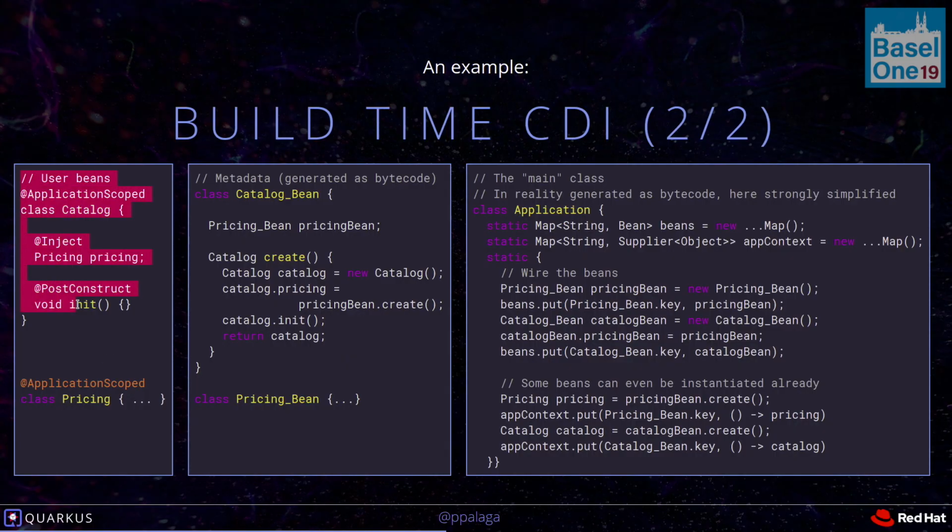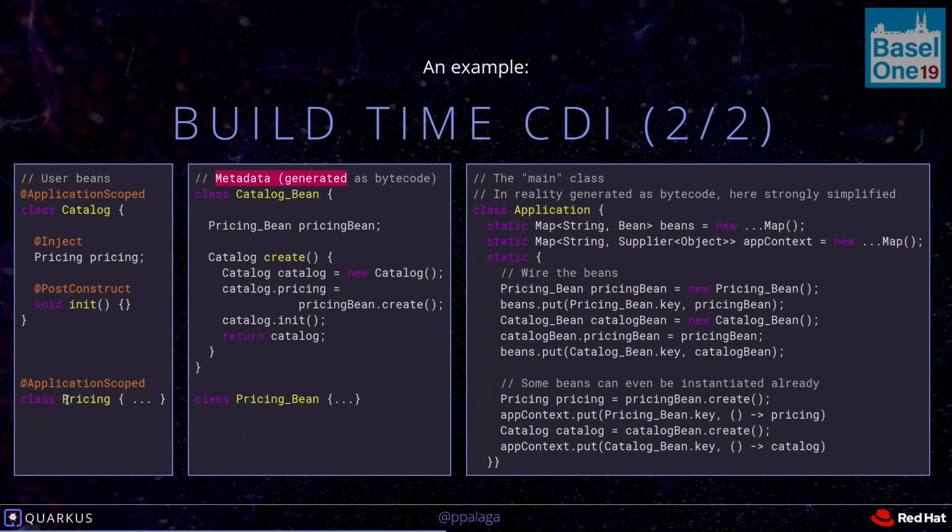Real code is only this. These are the user beans. So let's say the user is having a pricing bean and a catalog bean, and the catalog bean depends on or injects the pricing, and it has some post-construct method. So at build time, the CDI extension of Quarkus is able to identify all of these.